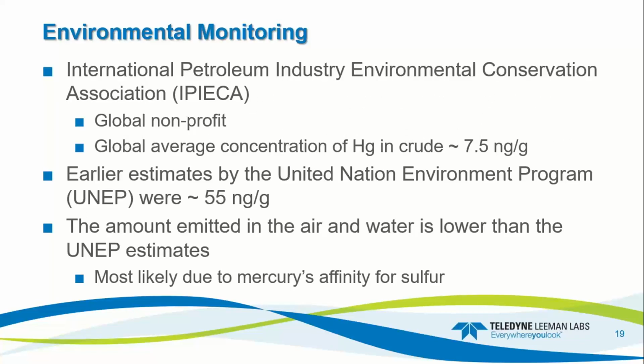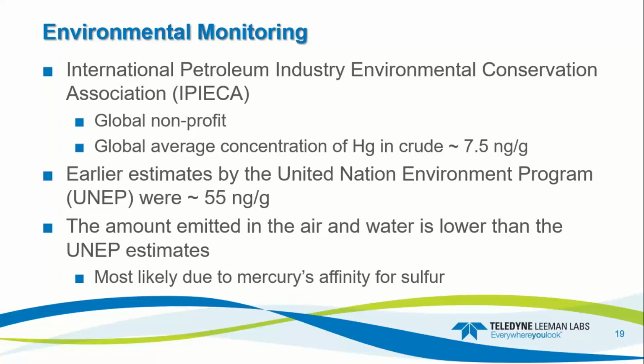For monitoring, the International Petroleum Industry Environmental Conservation Association, or IPIECA for short, is a global nonprofit group. And they estimate that the global average for mercury concentration in crude is approximately 7.5 ppb.